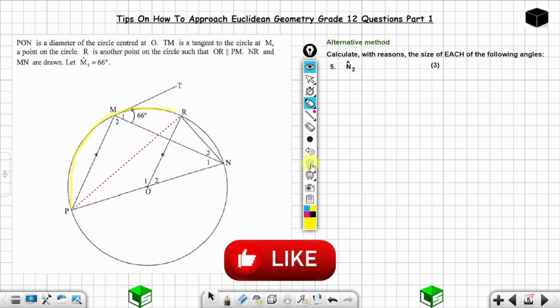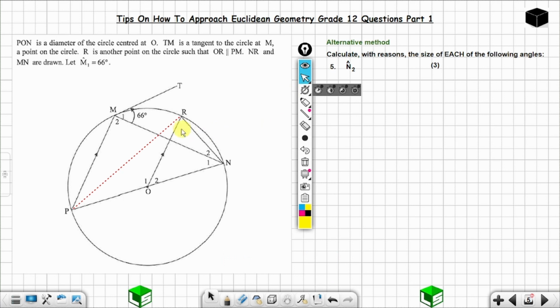So this angle O1, which is subtended by this chord, the chord PR, or this arc, the arc PR, is this angle at the center. This is the center.